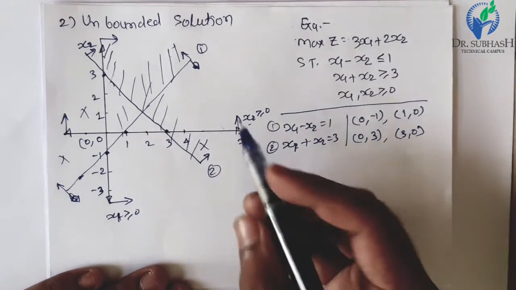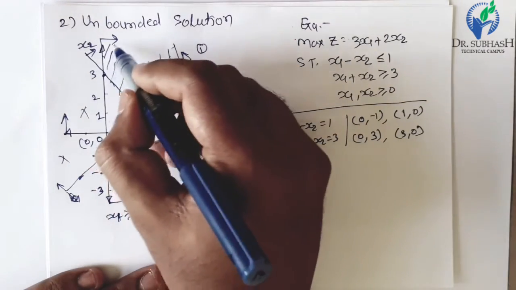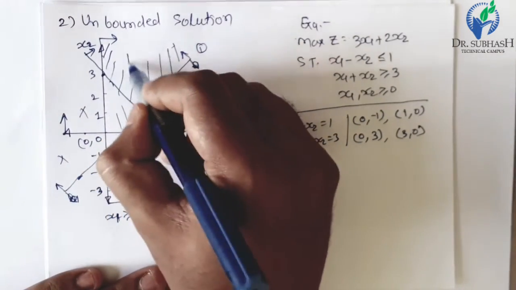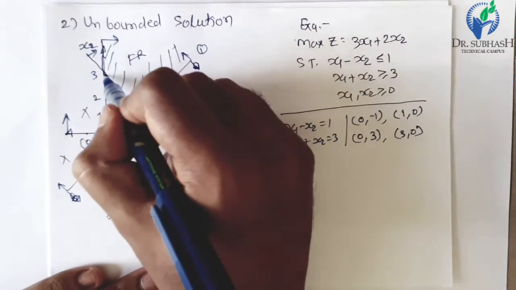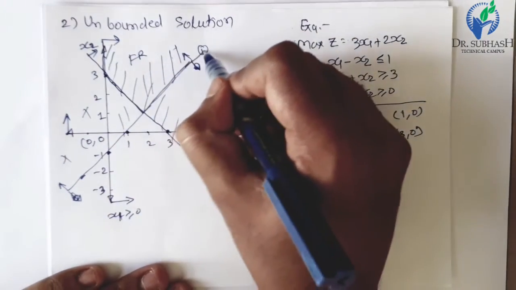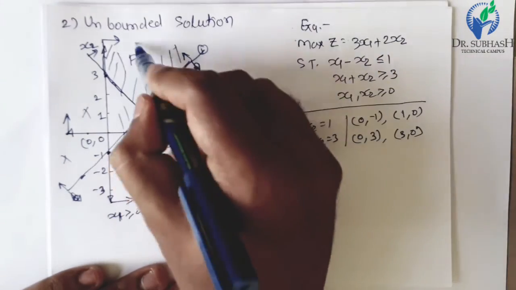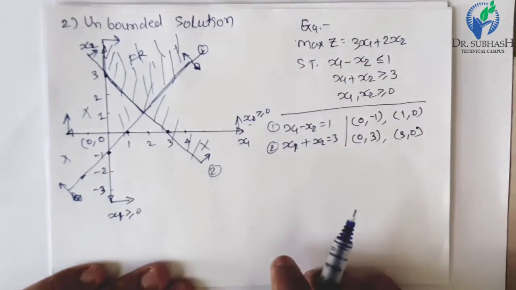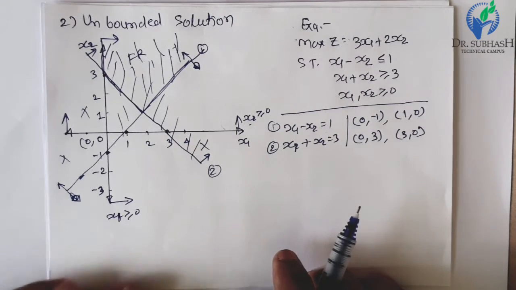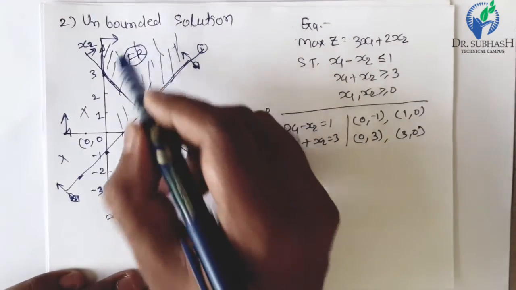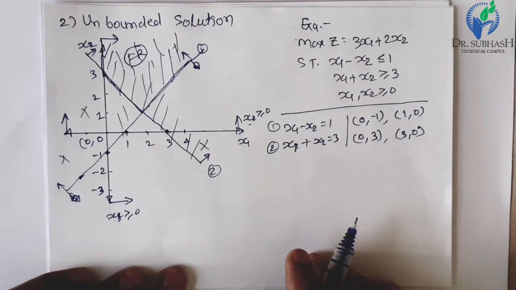So here we get the region for the optimal solution. This is our feasible region, in which our optimal solution may lie. But this feasible region is an unbounded feasible region.